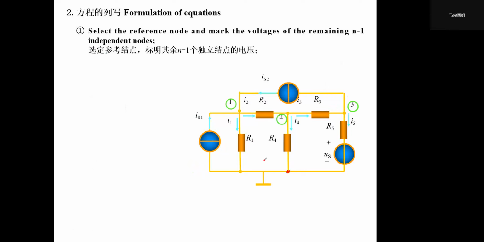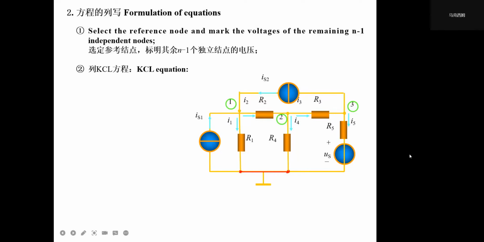Then we assume that the voltage on this point is 0, and then we only have 3 other nodes left. Note that this point is connected with this point directly with a wire, so they are the same point. So we only have 4 nodes in this circuit: 3 other nodes and a ground node. Now we have selected the reference node.